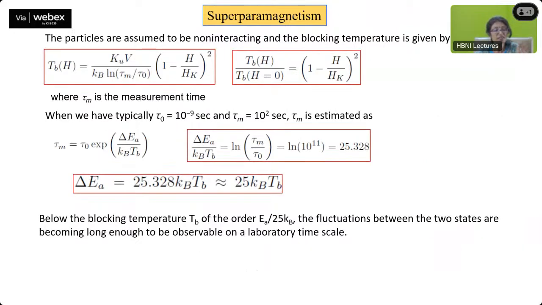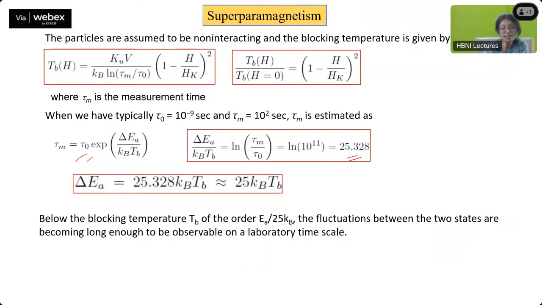Now if the particles are assumed to be non-interacting, then this blocking temperature Tb is given by this particular equation, which is tau m equals tau 0 exponential delta EA by kB Tb. In this particular case, delta EA by kB Tb is nothing but this value. When you put in all these different values as I have shown in this slide, it is around 25.